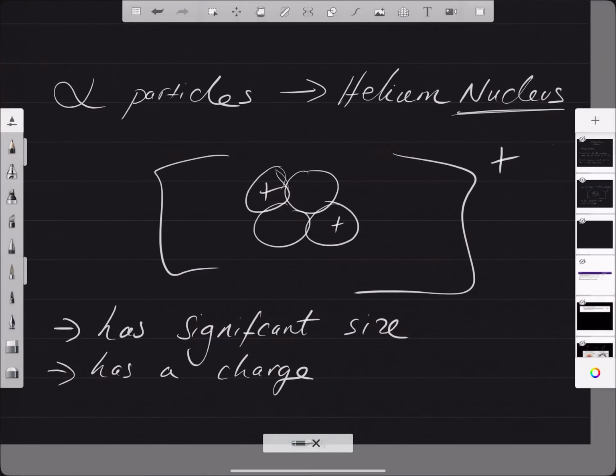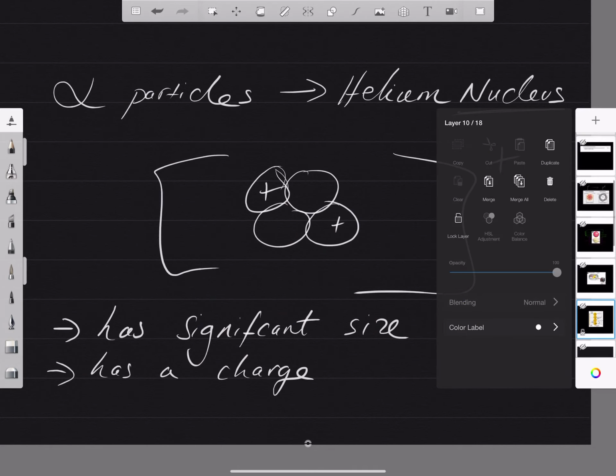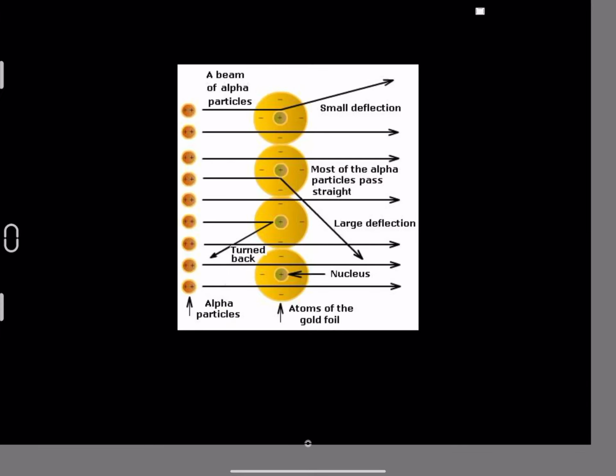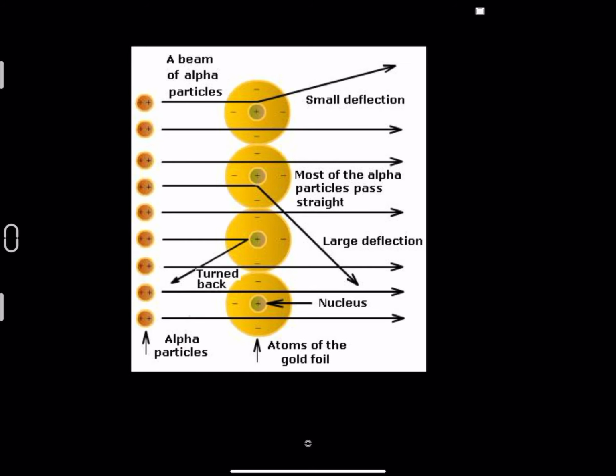So now we need to be able to explain what we're seeing in terms of the trajectory of the helium nucleus, the alpha particle. The gold leaf experiment has indicated to us that most of the alpha particles pass straight through. Now we should not dismiss this.